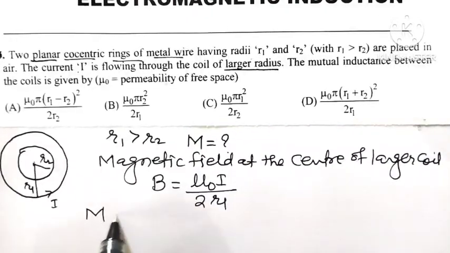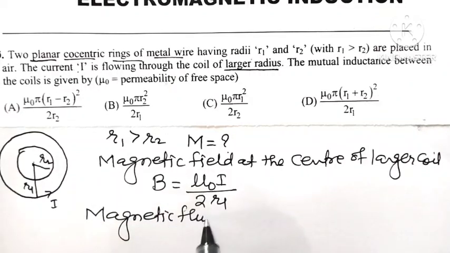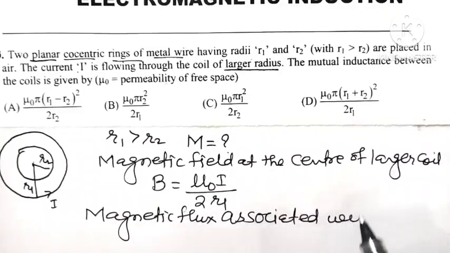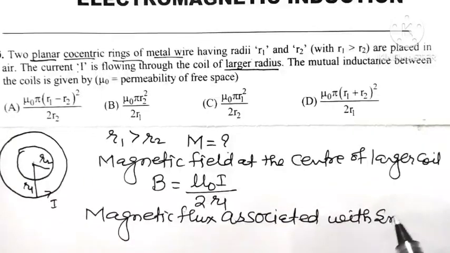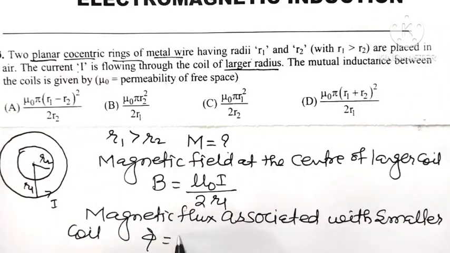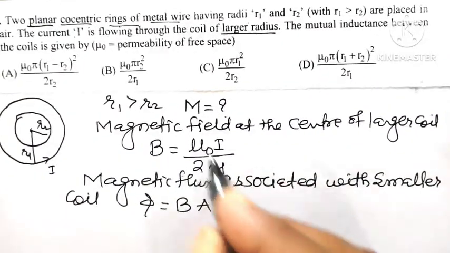So that's why we can say the magnetic flux associated with the smaller coil of radius r2 is flux phi equal to magnetic field B multiplied by the area of cross section of the smaller coil. B is what?